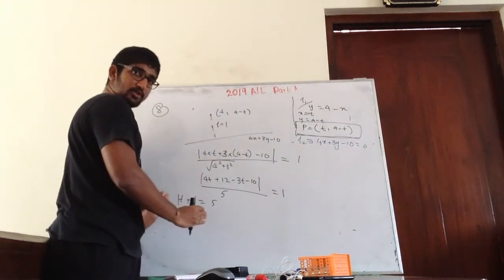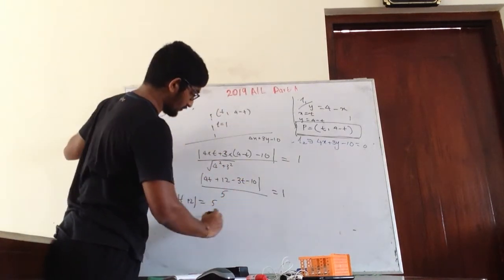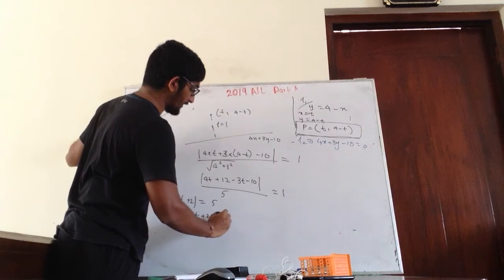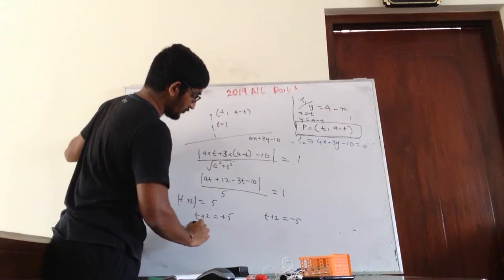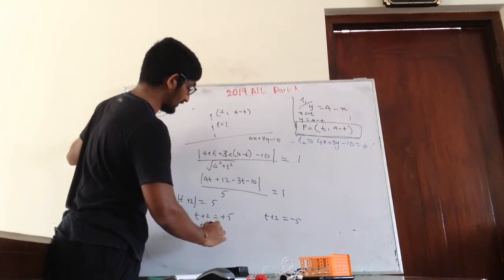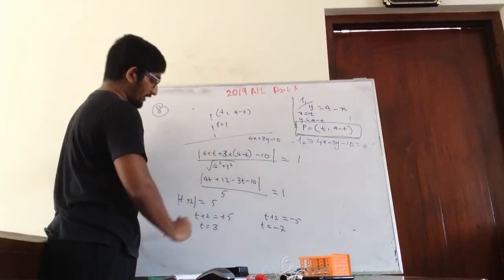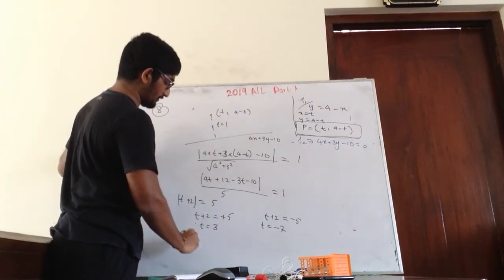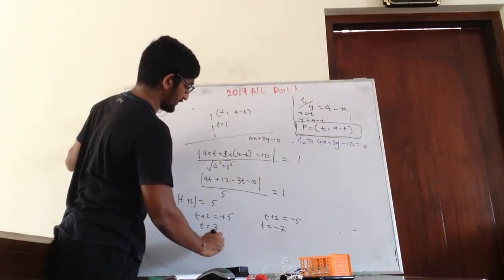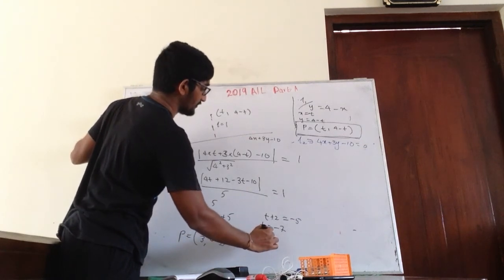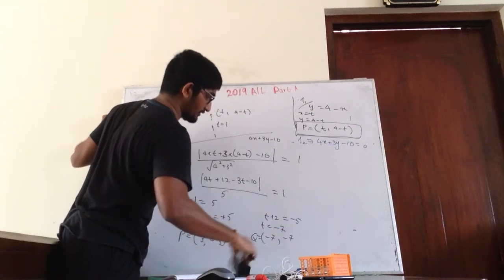So now because this is modulus, I can get 2 situations here. That is t plus 2 is equal to plus 5, and t plus 2 is equal to minus 5. Then you will get t as 3 and t as minus 7. So then if I take P as this, I will get 3, 4 minus 3, and Q as minus 7, 4 plus 7.